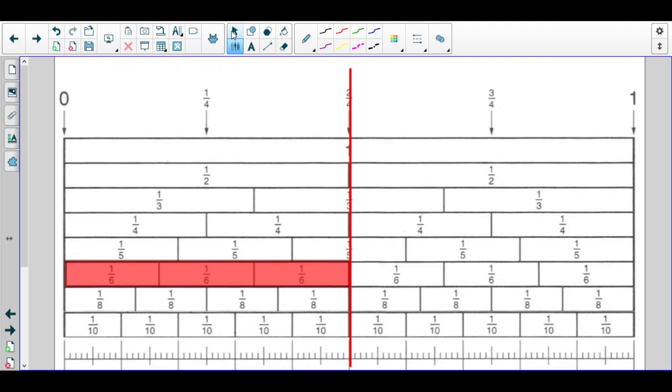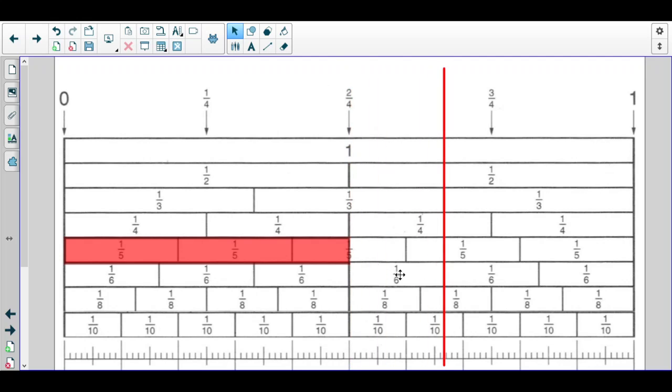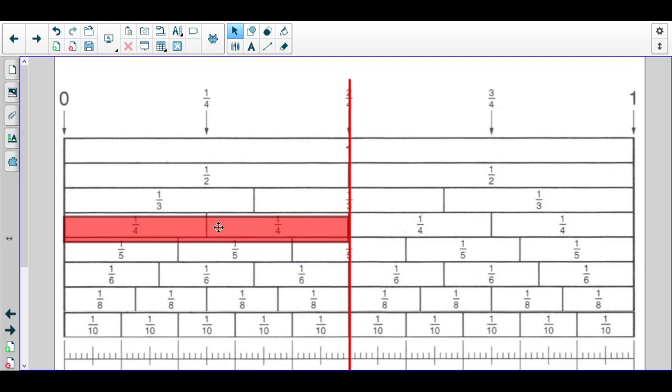Do we have any others? Let's see. There's 2/4. It wouldn't be the 5th, because there's 1, 2, and then this one still goes out over here. So 2/5 is not going to be one. 2/4 is, though.